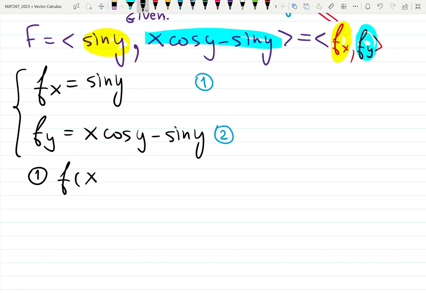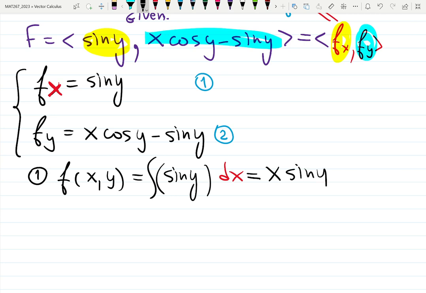F that depends on both variables will be the integral of sine y with respect to what? Guess. How do you know it's x? Because of this guy. This tiny subscript tells us what differentiation was performed. So now we have to undo it. We're undoing differentiation.